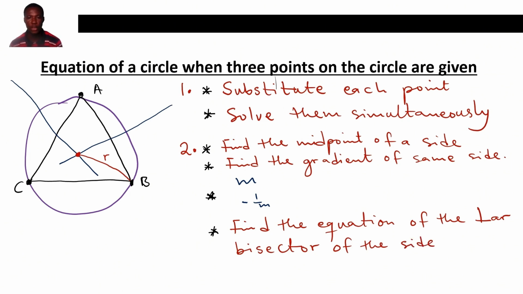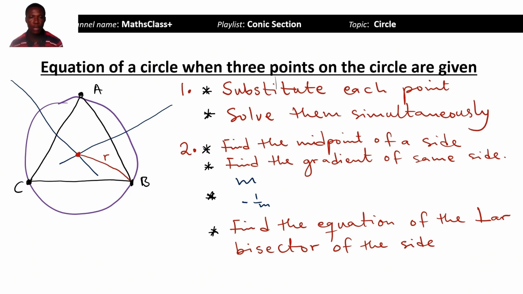When you do that, you label that equation as equation 1. Then you are going to repeat the same process on another side and label that equation as equation 2.